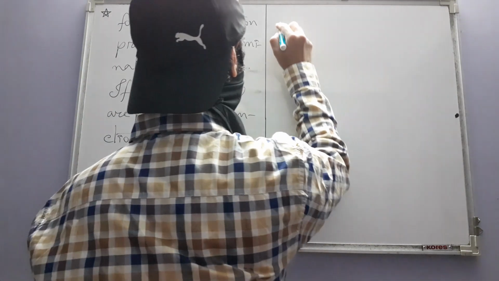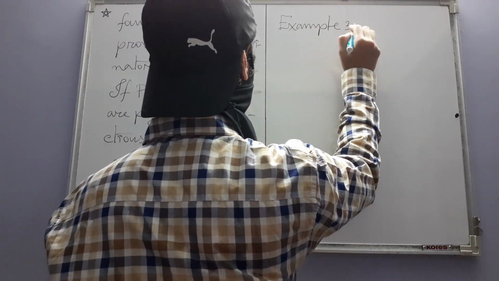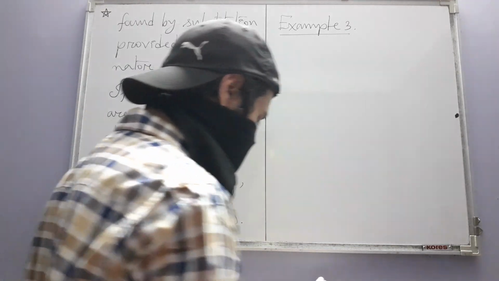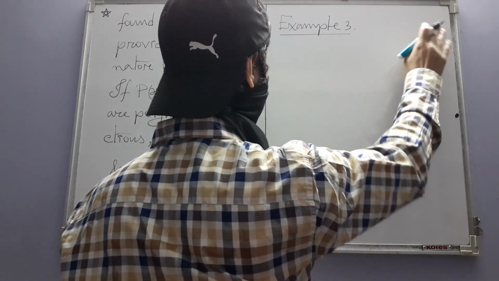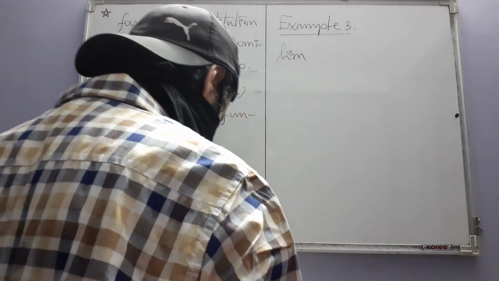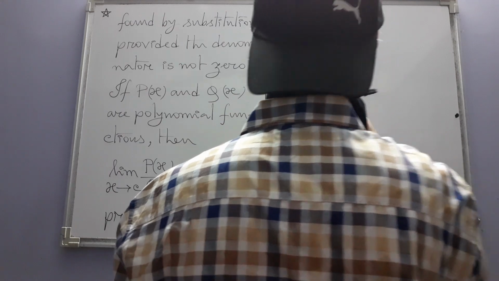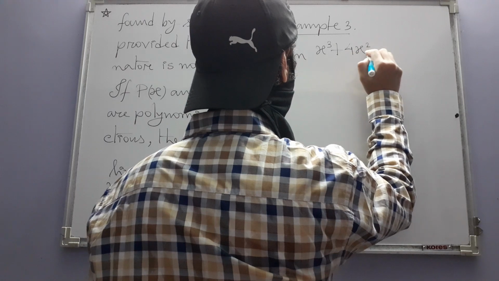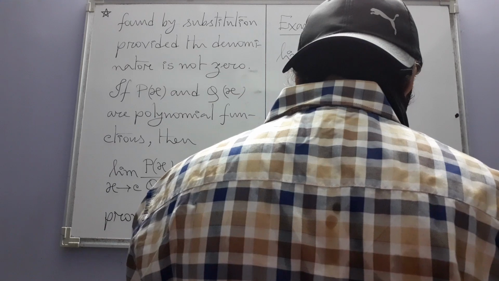This next one, example 3. Here we have to calculate, it's not given as a question but just as a fact, this limit of the function x cube plus 4x square minus 3 divided by x square plus 5.